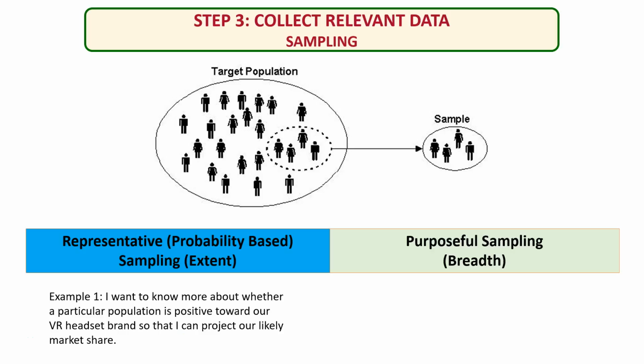And so this suggests we want a sample so that we can generalize to the larger VR headset market population. In other words, by looking at what a sample says or does, we want to be able to see what the larger population might do.